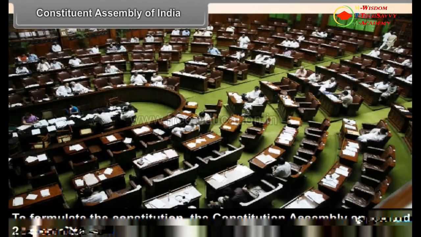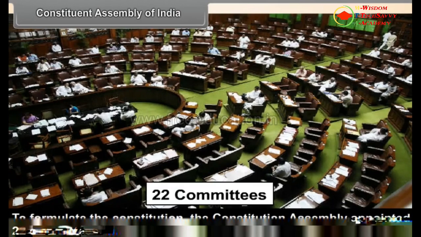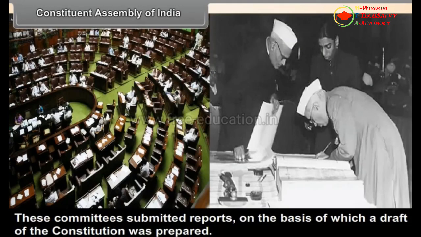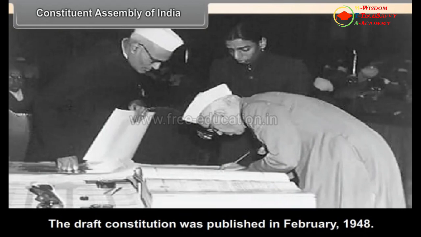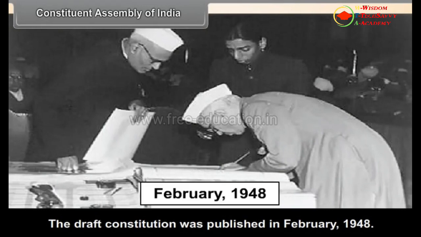To formulate the Constitution, the Constituent Assembly appointed 22 committees. These committees submitted reports on the basis of which a draft of the Constitution was prepared. The drafting committee, under the chairmanship of Dr. B.R. Ambedkar, prepared the draft of the Constitution. The draft Constitution was published in February 1948.